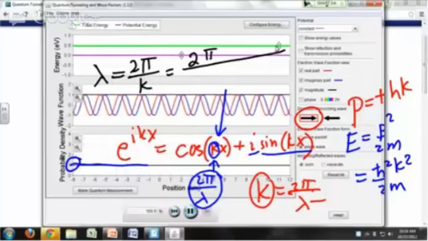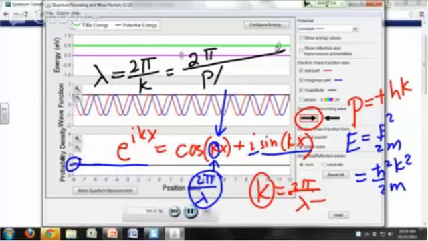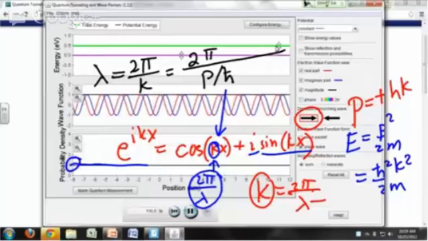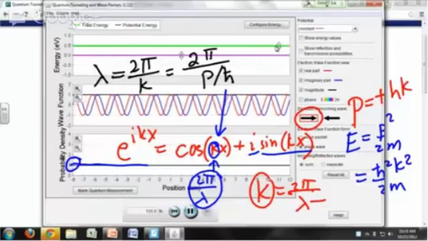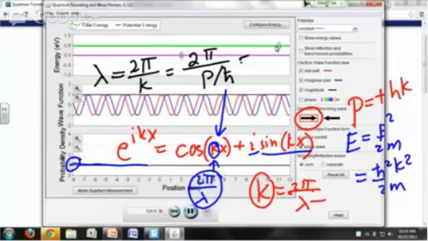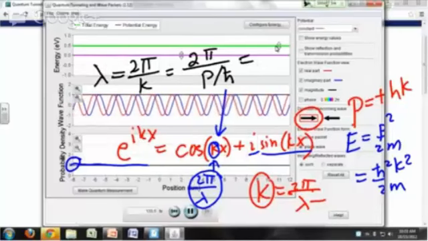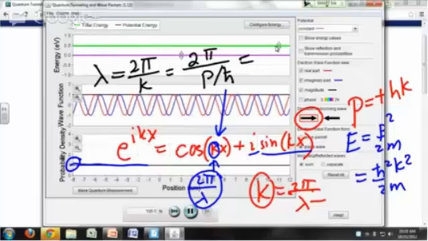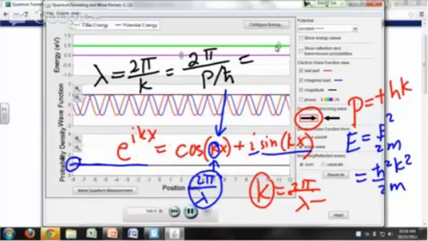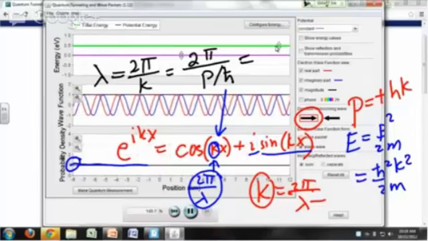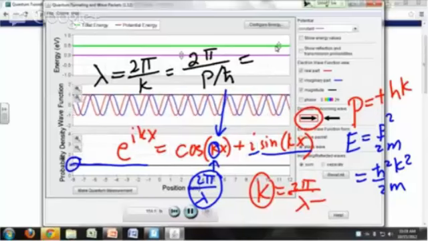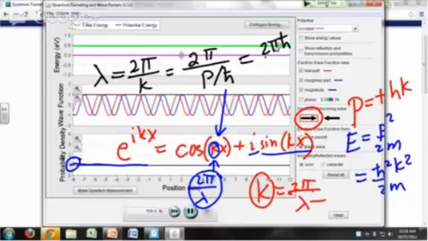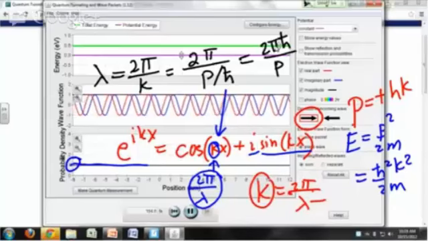It's just p over h bar, right? So if I have h bar in the denominator of my denominator, that becomes 2 pi h bar over p, right?